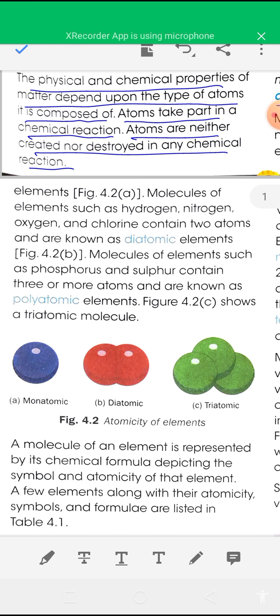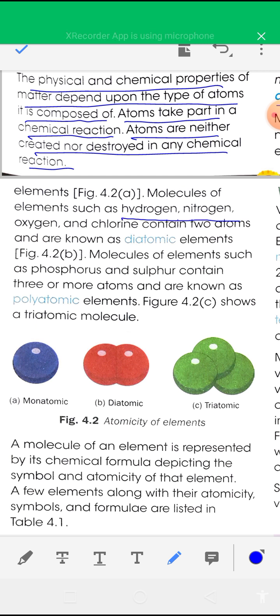Molecules of elements such as hydrogen, nitrogen, oxygen contain two atoms, and therefore molecules of these elements are known as diatomic molecules.